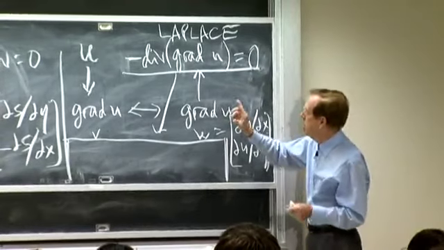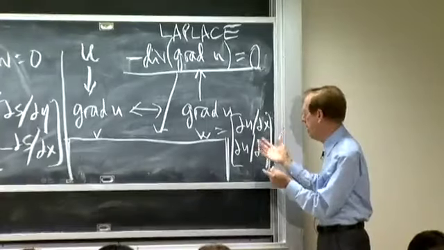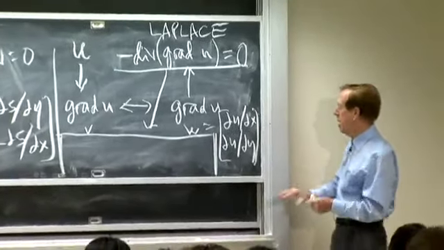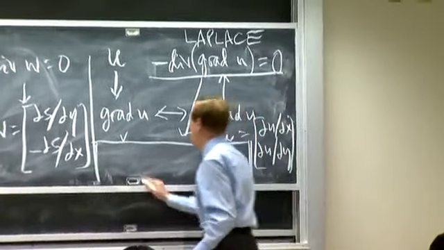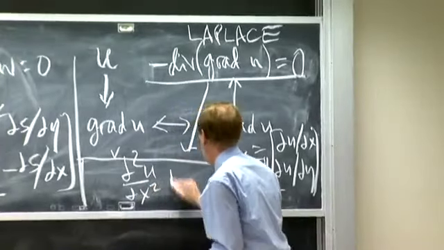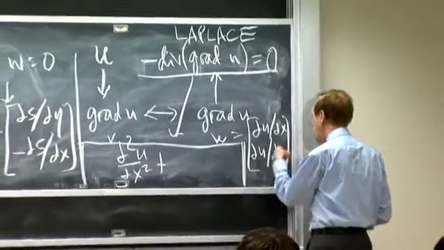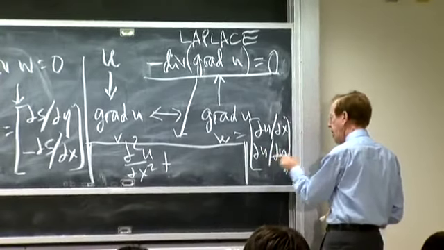But let me say it again. The divergence applies to a vector. I've got a vector. I take the x derivative of the first component, of W1. So that'll give me d second u dx squared. And I take the y derivative of the second component.